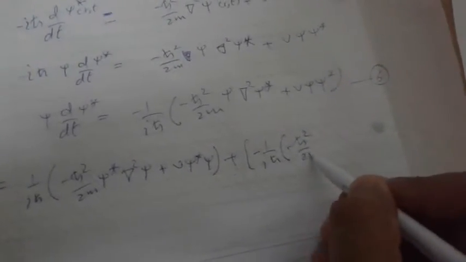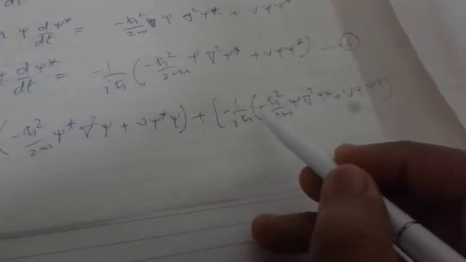The plus sign comes from equation number 4, and after that, d psi star over dt, the value from equation number 6 is this one with the minus sign, minus h cut square over 2m psi del square psi star plus v psi and psi star.